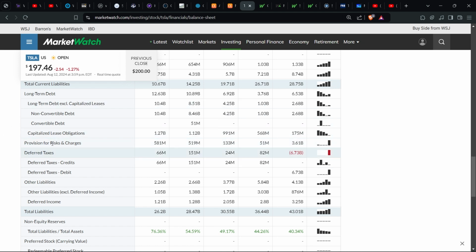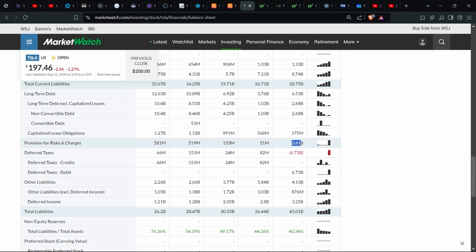Essentially, there's no need to go too deep into these ones. All right, provisions for risks and charges. This is where I was telling you about the rainy day fund for the company. They do have provisions for if they expect something to go wrong, not in the coming year, but in future years. So they have that provision.